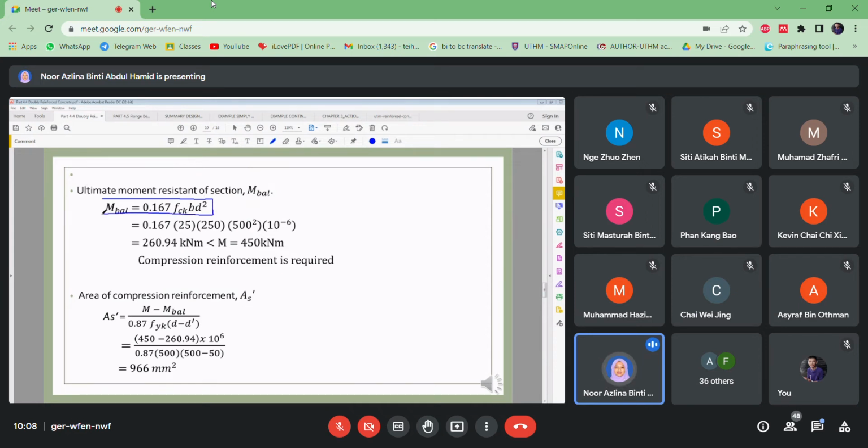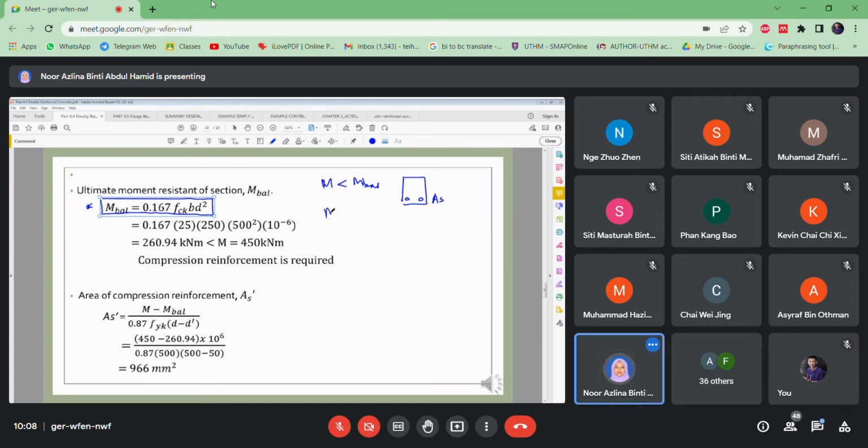Same goes for the rectangular singly reinforced beams here, which is you need to compare with M balance. This is the equation for the M balance. Remember, if M, the design moment, is less than M balance, then you can just design as a single reinforcement, just provide tension reinforcement.